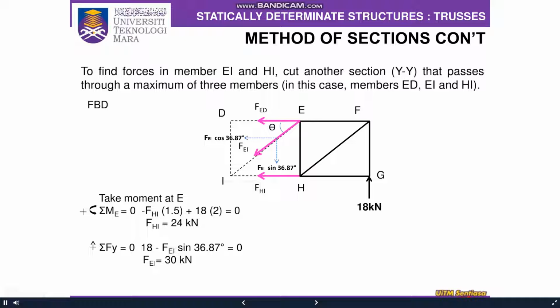FED and FEI intersect at point E, and FEI and FHI intersect at point I. In this question, we take moment at E, and then we get FHI equal to 24 kilonewton. And we do the total vertical forces, and we get FEI equal to 30 kilonewton.